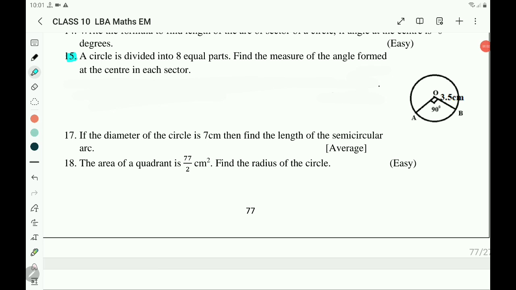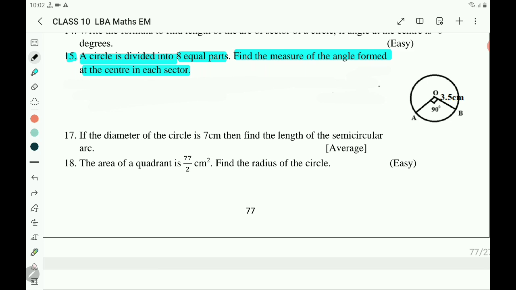Question number 15. A circle is divided into 8 equal parts. Find the measure of the angle formed at the center in each sector. If the circle is divided into 8 equal parts, then to find the angle at the center, what you have to do? 360 by 8.